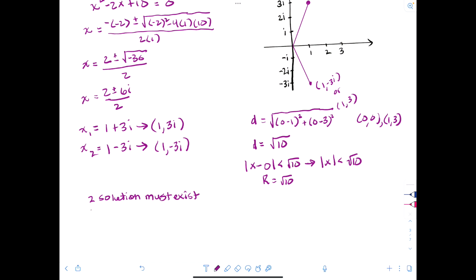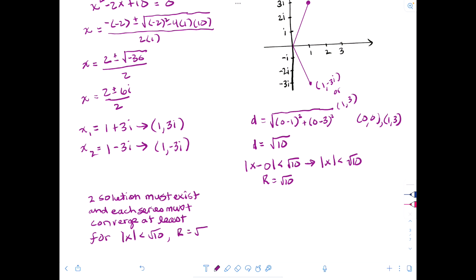And each series must converge at least for, maybe more, but at least for absolute x less than root 10. And so that gives us our radius of convergence is root 10. Just circle this whole thing. Cool, cool?